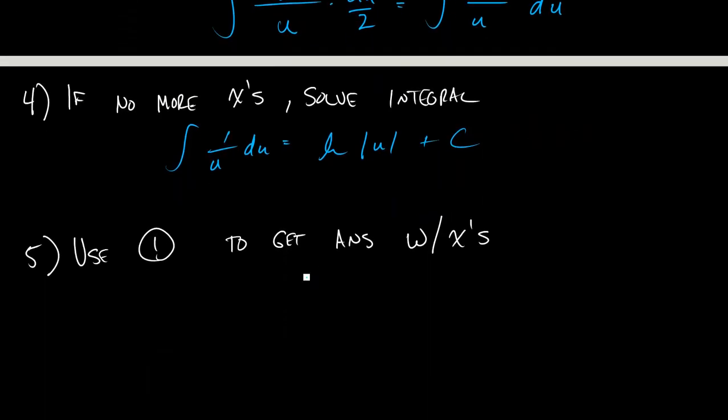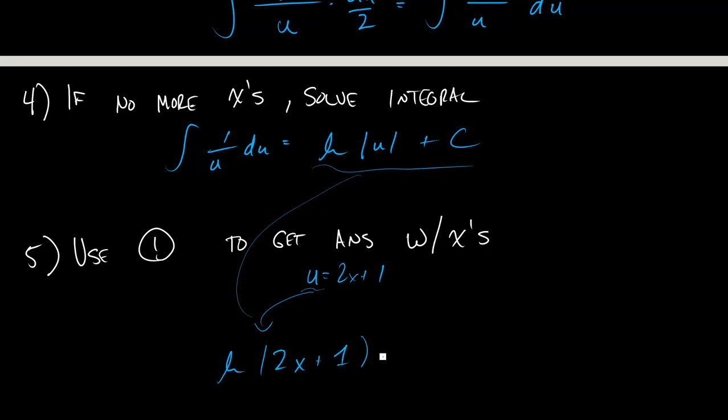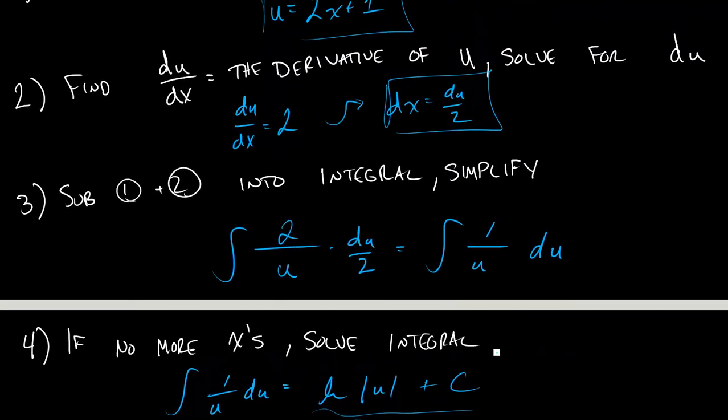I remembered from the beginning that u was equal to 2x plus 1. And so my final answer is really equal to ln of 2x plus 1 plus c. Okay? So those are my simple examples, and the machinery is always going to work the same way.